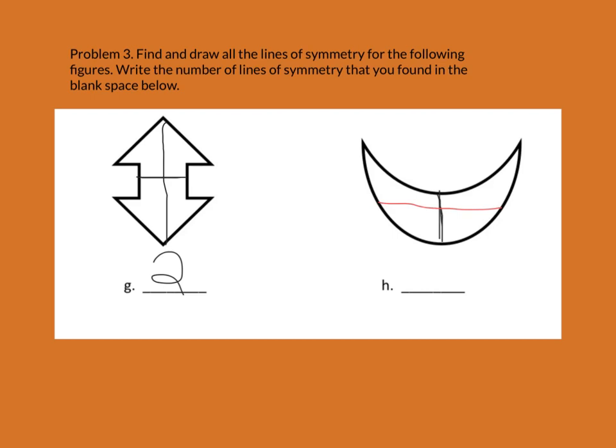Well, that would not work because this figure down here makes a shape like a half circle, while up here would look like this. And those two objects are not mirror images of each other. So for figure H, we would only have one line of symmetry.